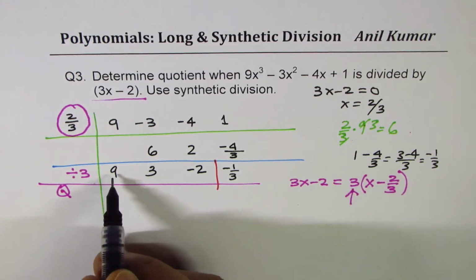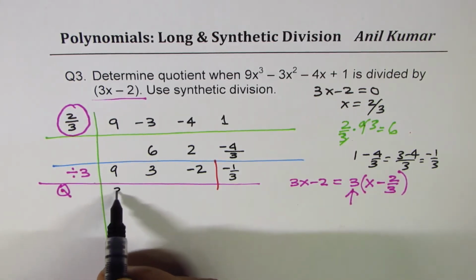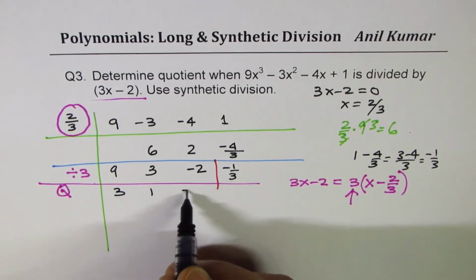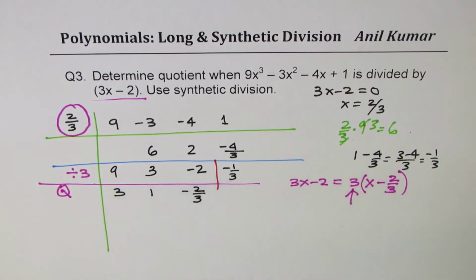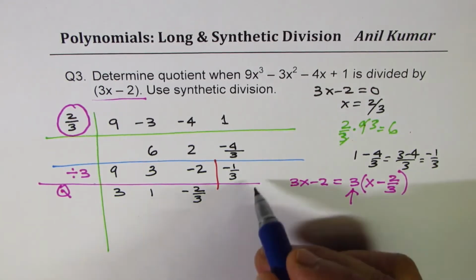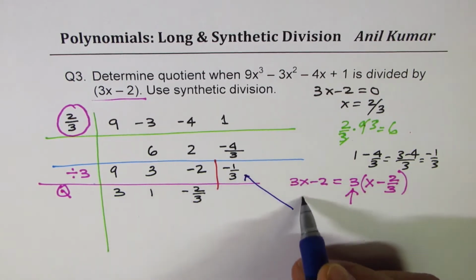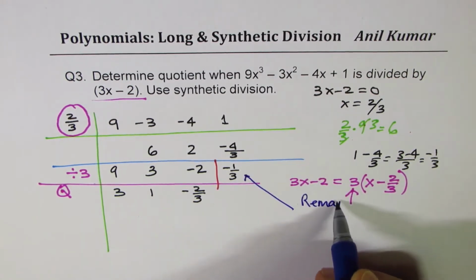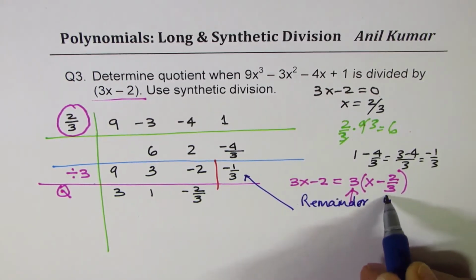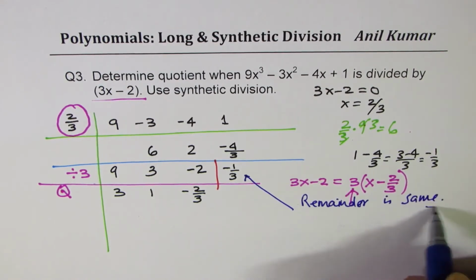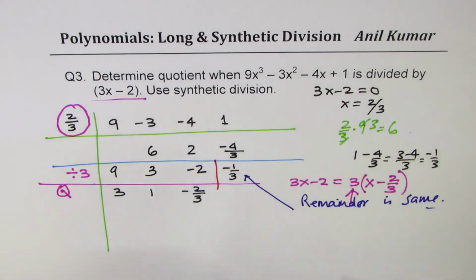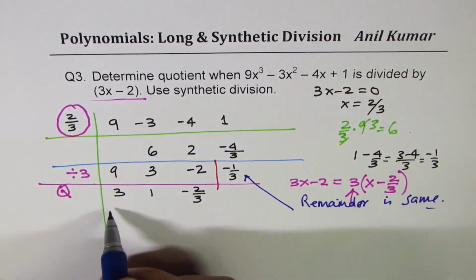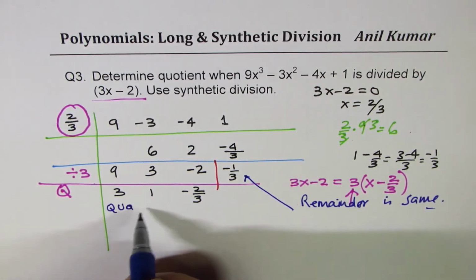So now you get coefficients as 3, 1, minus 2 over 3. However, the remainder remains the same. So what you note here is that in such cases, the remainder remains the same. Okay. Now, since the degree difference is 2, we are looking for a quadratic quotient.